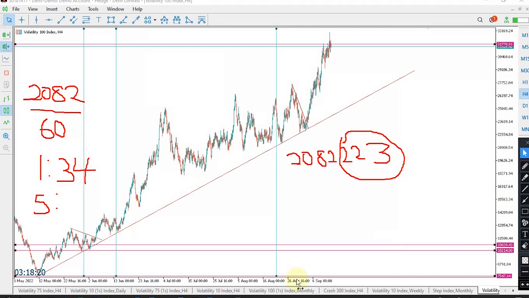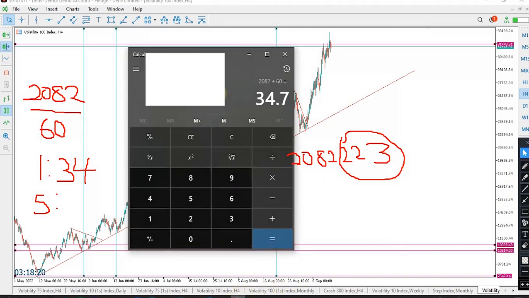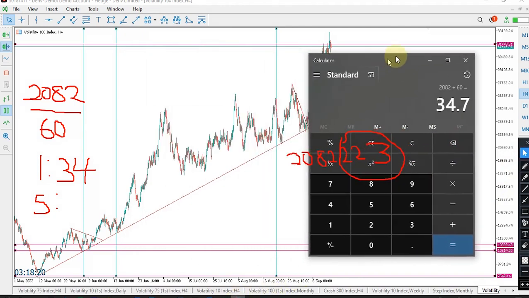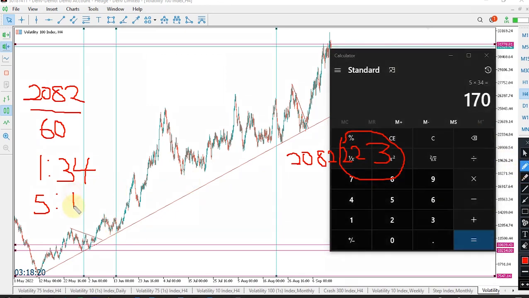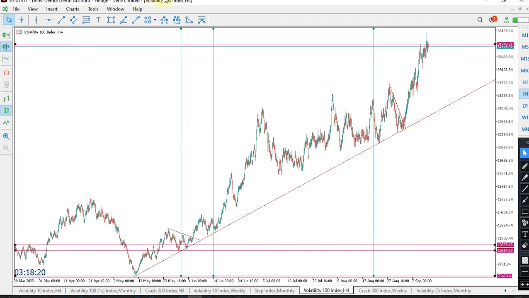Do you know what your profit would be by now? That is 5 multiplied by 34, and now you have $170 here. Okay, this is for V100.